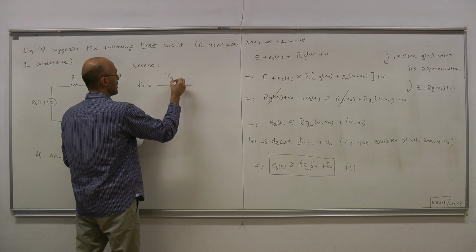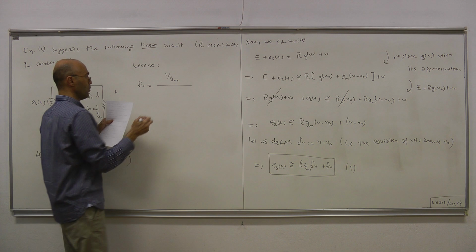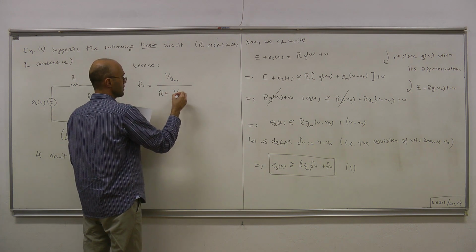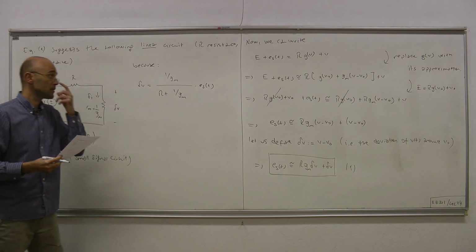This resistance Rn is 1 over Gm, and the overall resistance is R plus 1 over Gm, times the voltage provided by the source.